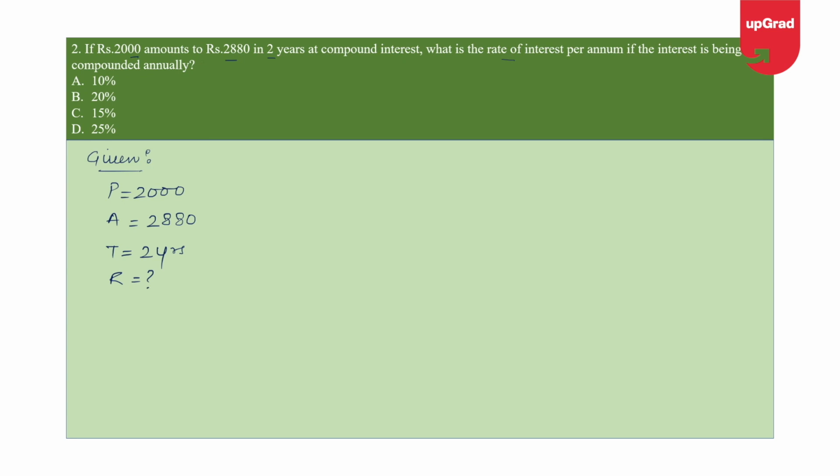Now over here, since I know the amount directly, I can use the formula of amount, which is principal multiplied by 1 plus R by 100 to the whole power t. Now this is again a conventional method. Let's see that. 2880 is equal to 2000 multiplied by 1 plus R by 100 to the whole power 2.